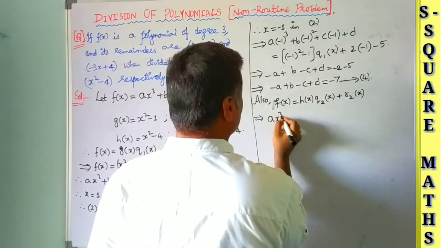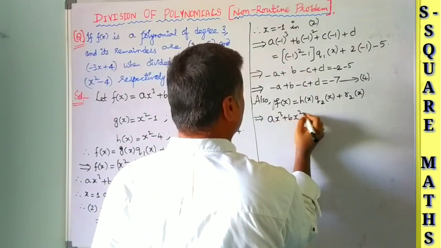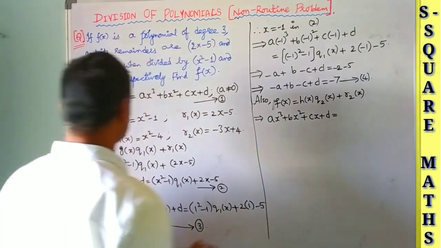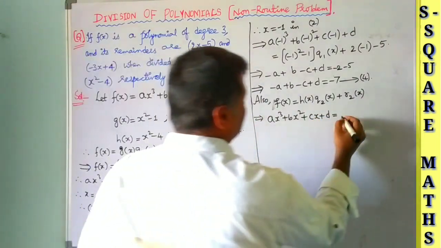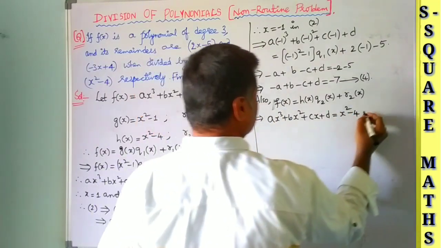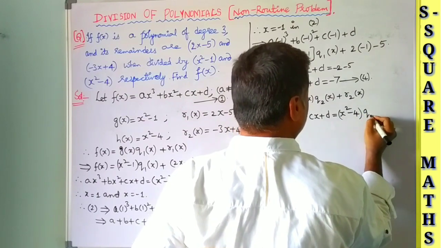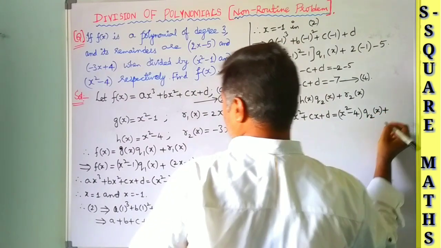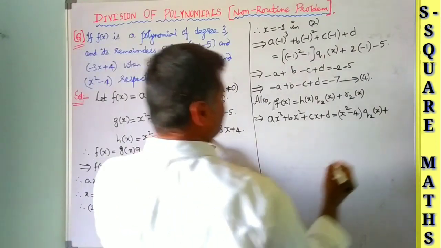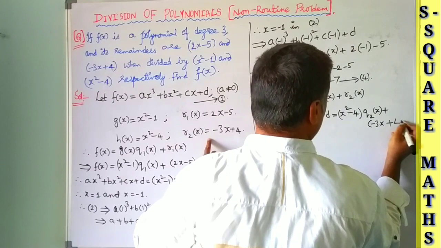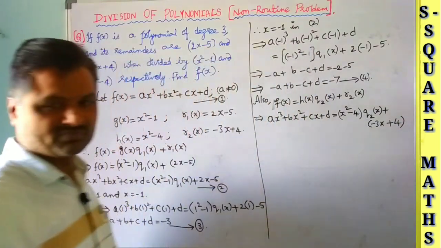So ax cube plus bx square plus cx plus d is equal to, what is our h of x here? x square minus 4, and this is our next q2 of x, and here it is r2 of x. What is our r2 of x? Minus 3x plus 4 is our r2 of x.